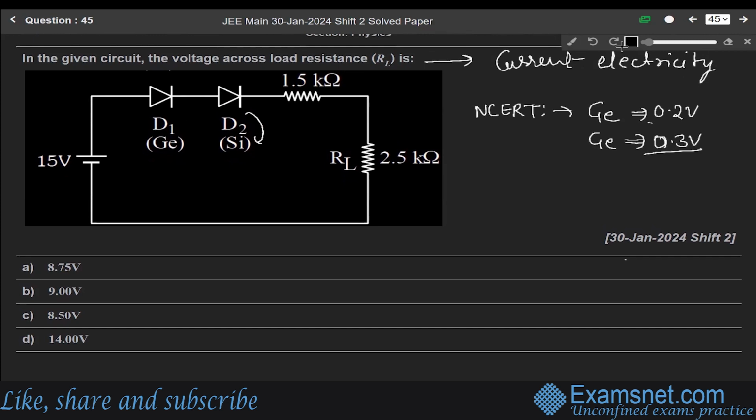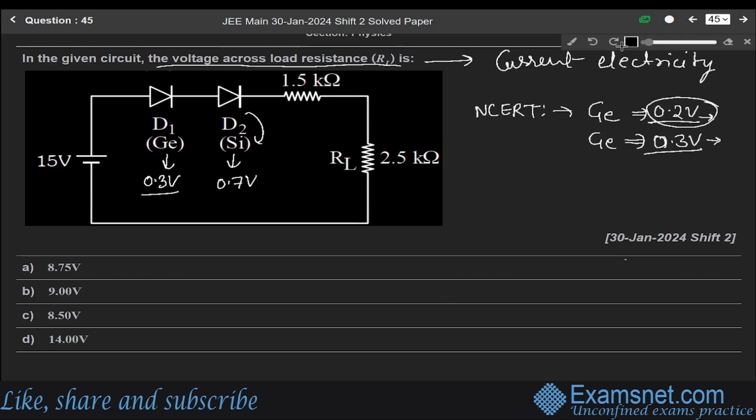If we use 0.2 volt, the answer will be different, and if we use 0.3 volt, it will be different. According to me, the voltage should be given in the question, but here it is not given, so we will use the standard value, that is 0.3 volt, and for silicon it is 0.7 volt.